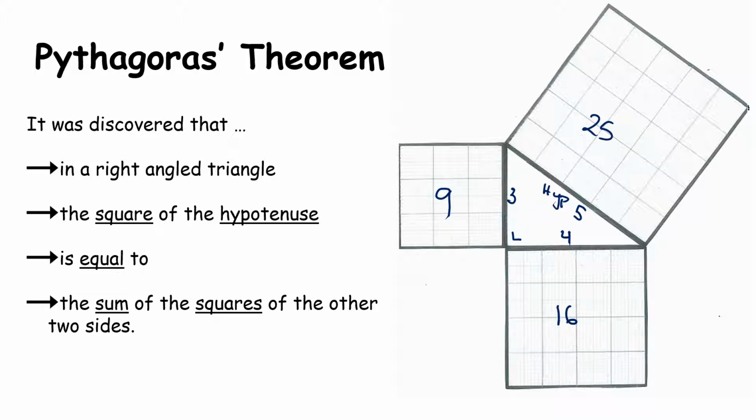And what he discovered was that 25, the big square, is equal to the two smaller squares added together. So this can be simplified into our formula and used, but sometimes it's important for students to see this visually to really understand what he was talking about. So this picture here, hopefully you can see, shows the squares drawn on each side.